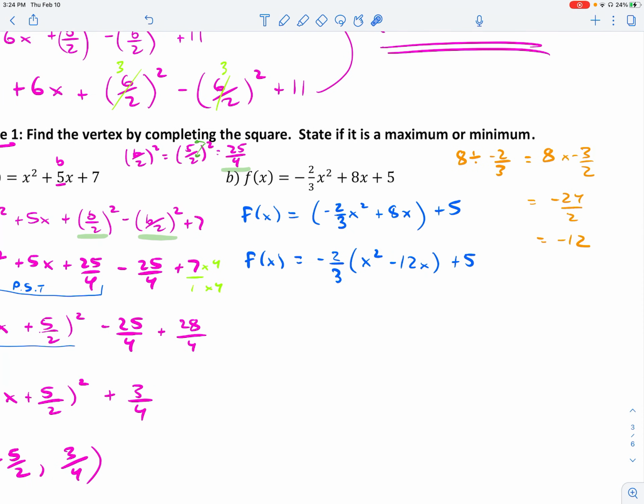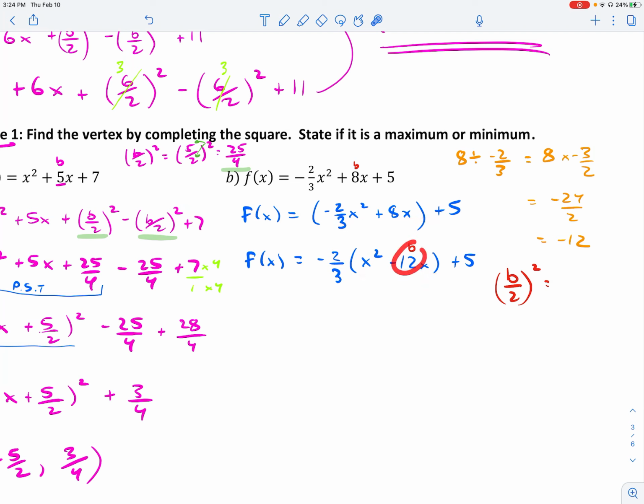Now we get to move on to step 3. Add and subtract b over 2 squared. So let's figure out b over 2 squared first. This is my b term right here. You don't want to grab b from up in the original equation, because we've been changing it as we move through.